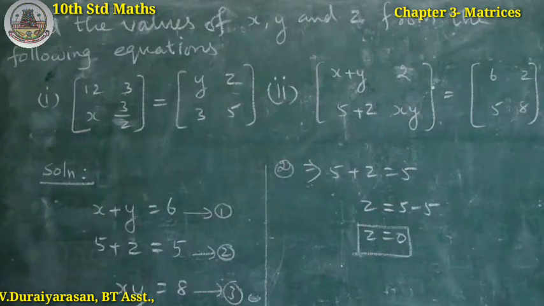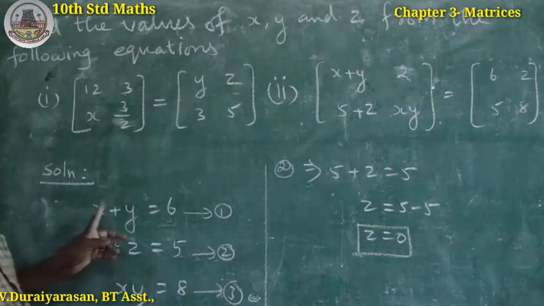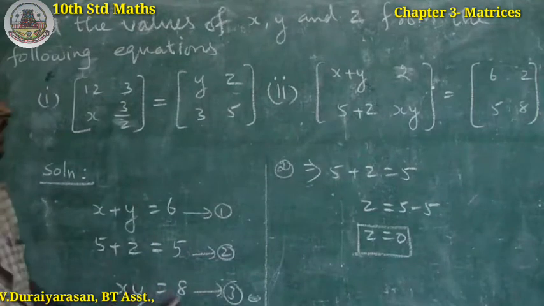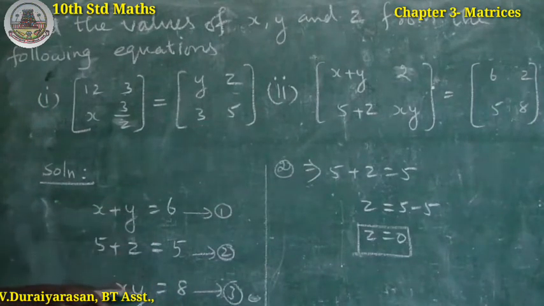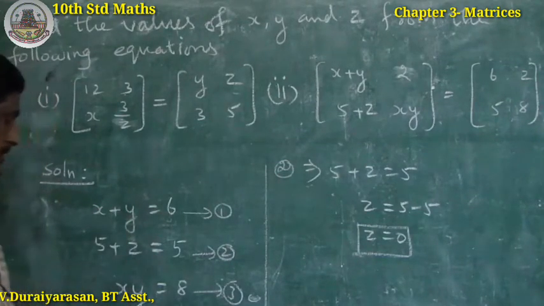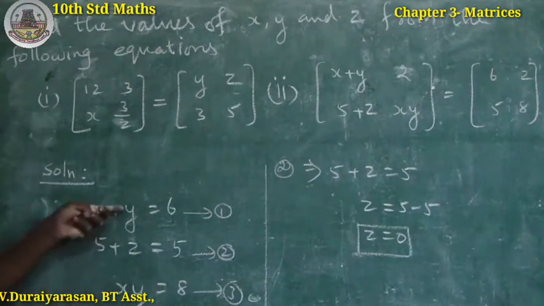So what is the value of z? Z equal to 0. Then x plus y is equal to 6. Xy is equal to 8. Solve these two. Sum of the two variables is equal to 6. The product of the same variables is equal to 8. Is it a balanced equation?